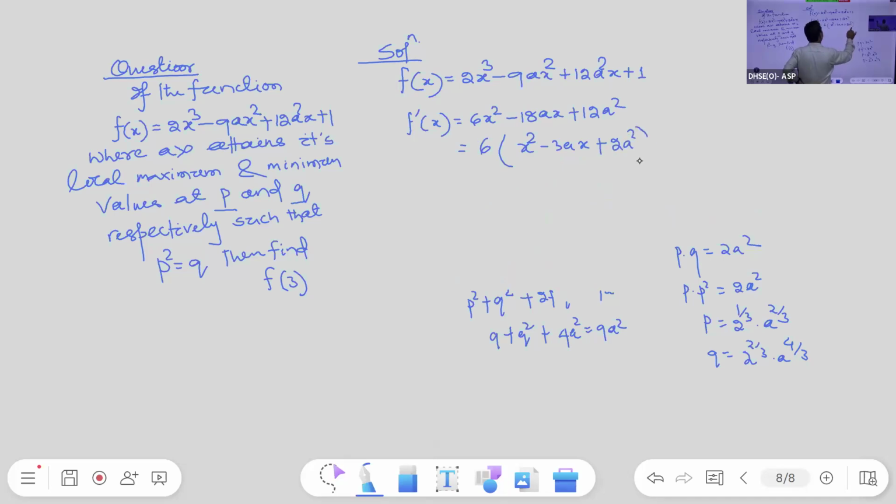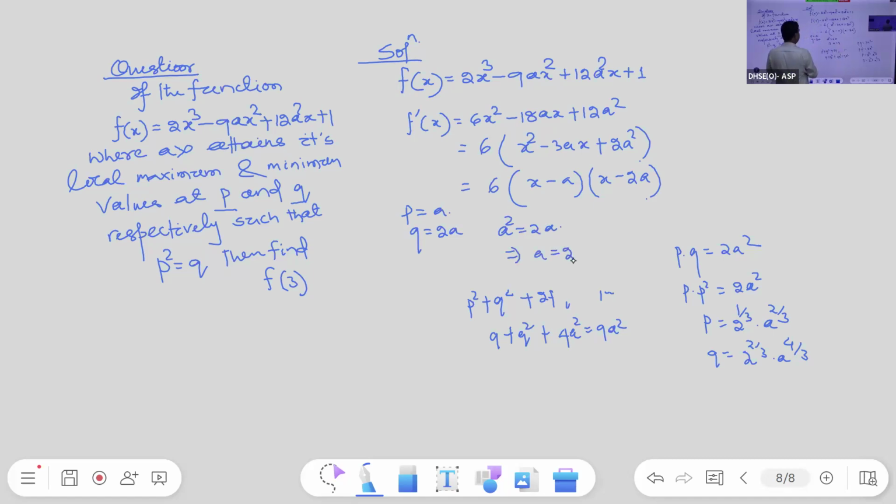6 into x minus a into x minus 2a. Okay, so the roots are a and 2a. So P is equal to a, Q is equal to 2a. So P square is equal to Q, so a square is equal to 2a, which implies a is equal to 2.